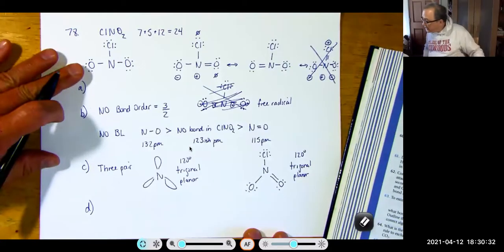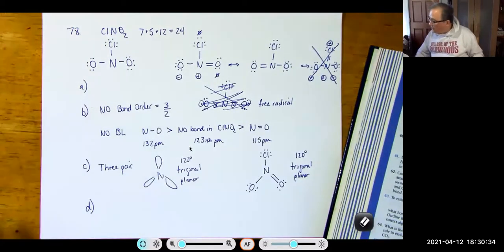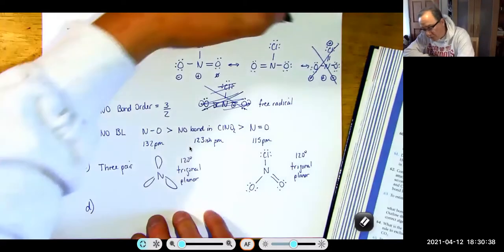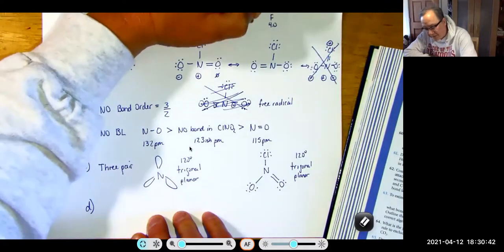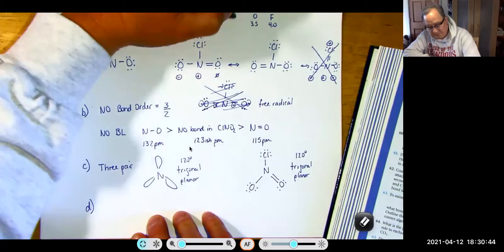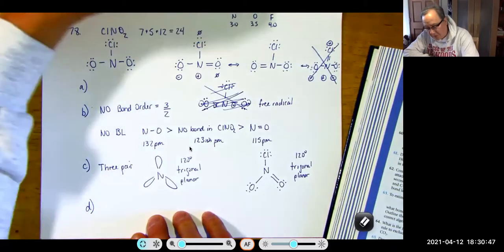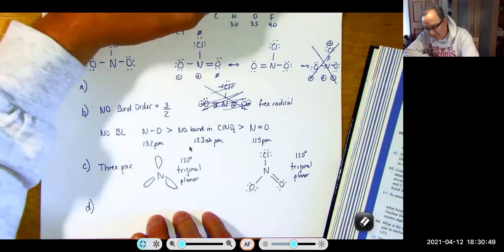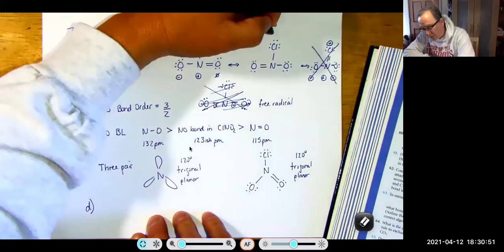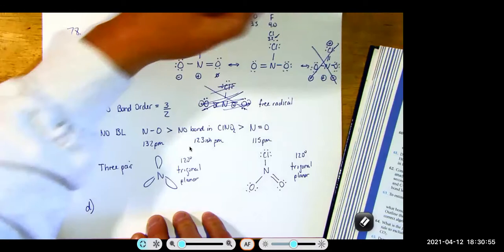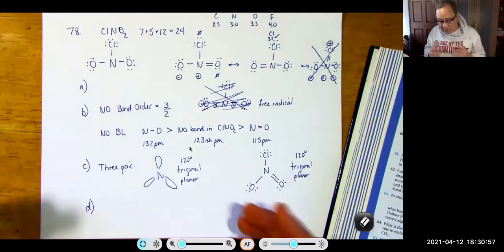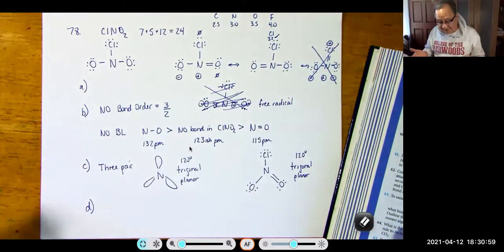Now letter D says, what is the most polar bond in the molecule? So we're supposed to memorize fluorine is 4.0, oxygen is 3.5, nitrogen is 3.0, carbon is 2.5, and we just saw that chlorine was 3.2, right? Yeah. Okay, so when we look at the most polar bond, we're looking for the biggest difference.